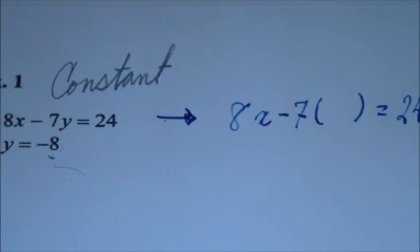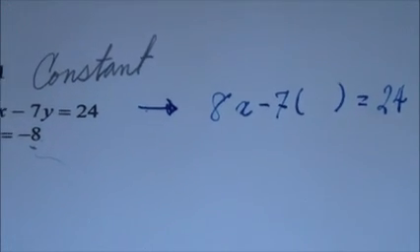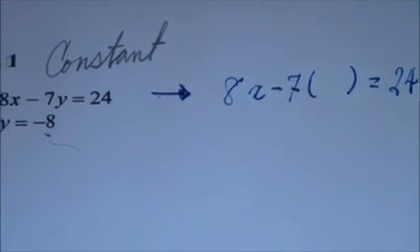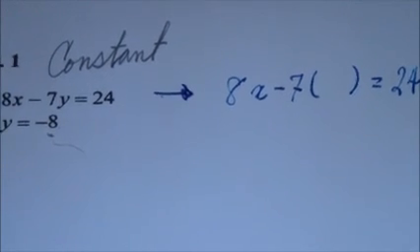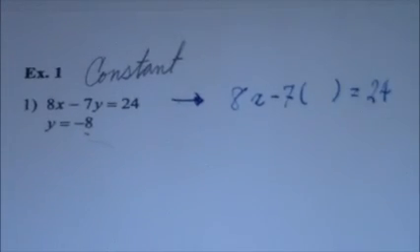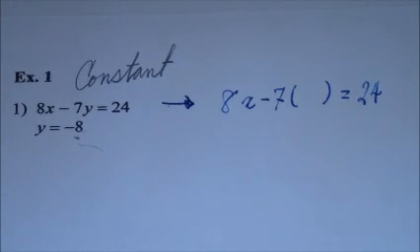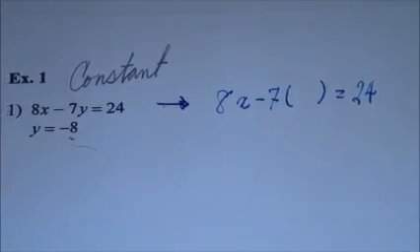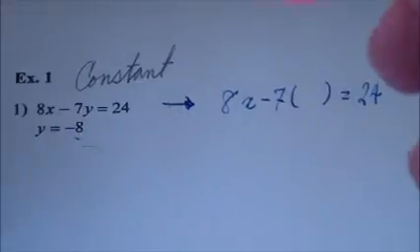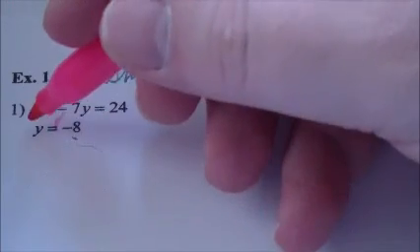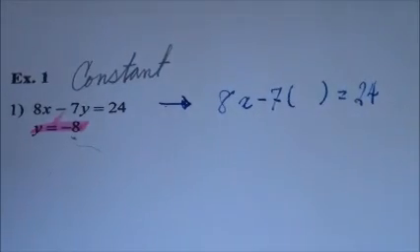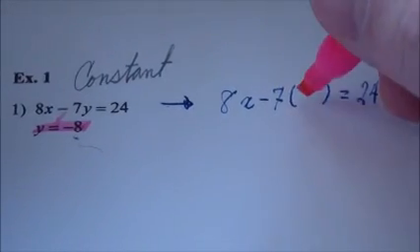Now I left the y blank due to the fact that we're actually going to be taking our y value that's over here and just plugging it into this guy.